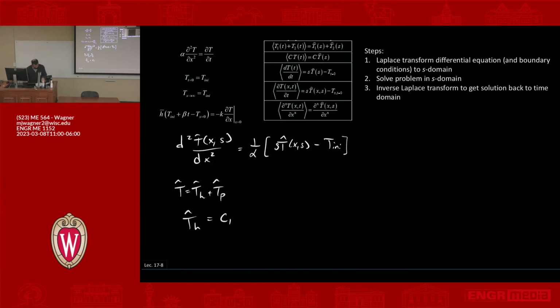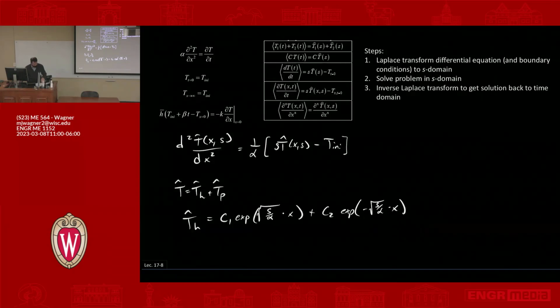That is c1 exponential of the square root of s over alpha times x plus c2 exponential of minus square root of s over alpha times x. That's our homogeneous solution. You just go through the process.